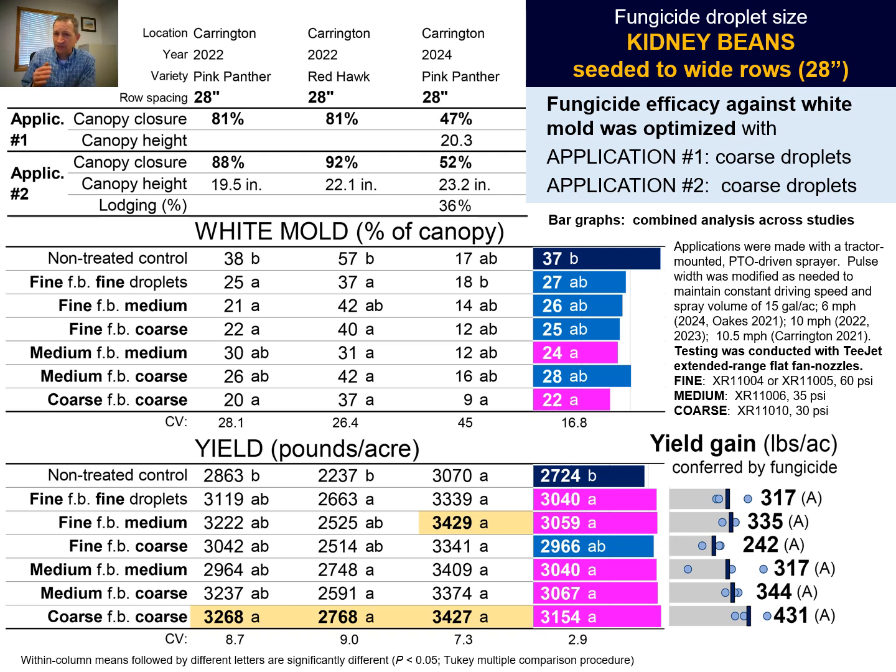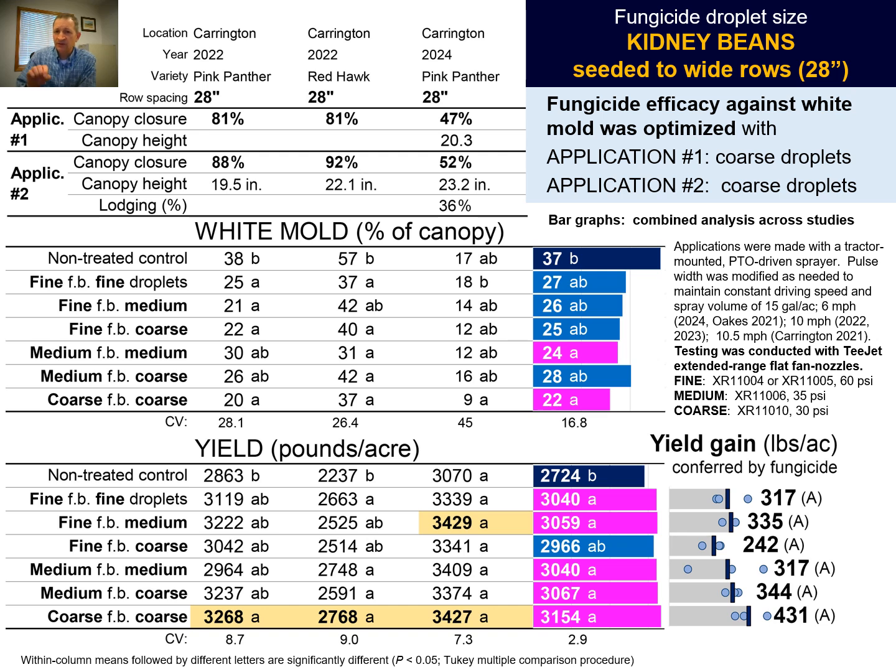In our droplet size work conducted on soybeans, as well as other crops and diseases, we look for consistent results across studies, and then we generally need 5 or 6 studies before we achieve statistical separation. What we see here are the consistent results.